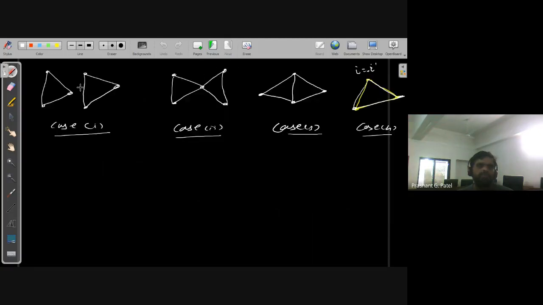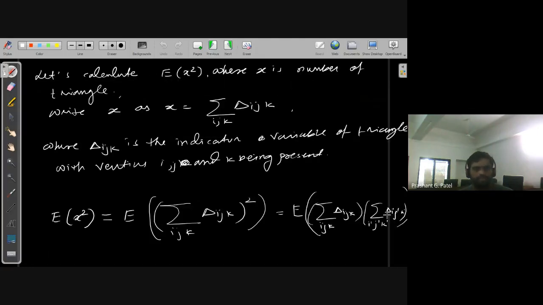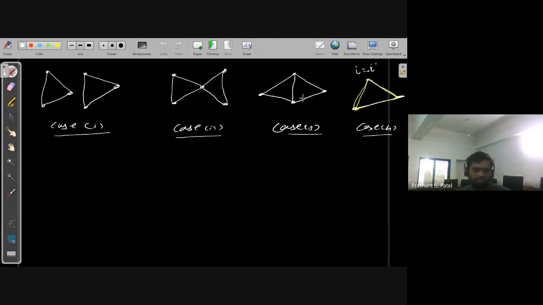So this summation contains all these four cases because there are two delta ijk. There are a total of six vertices, and among the six vertices, it may contain any one of these cases.